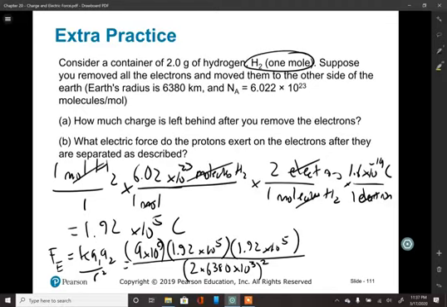And so you end up getting that this is roughly 2 times 10 to the sixth newtons. That is huge. That is a huge force. That is 2 million newtons of force just from the electric charge contained in 1 mole of hydrogen.